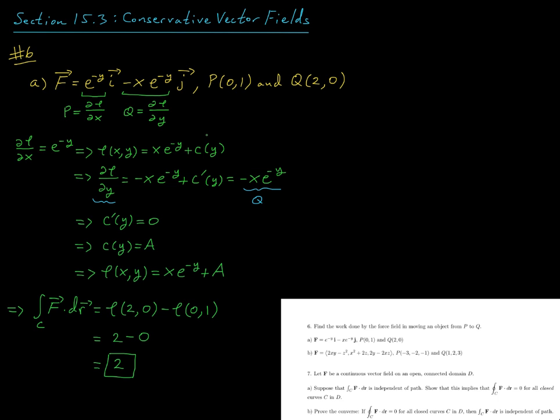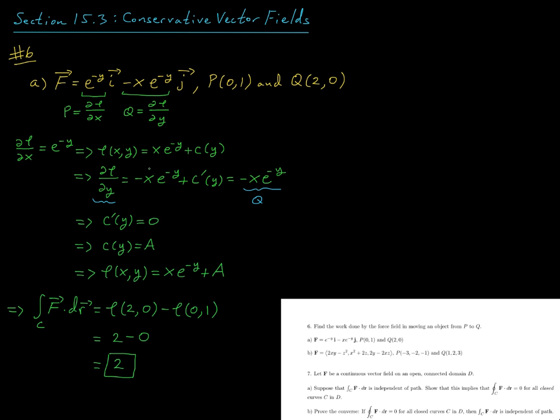Okay, so now our job is to find this function c of y, and to do that, let's go ahead and differentiate this right here with respect to y. So that's going to give us that the y derivative of phi is minus x e to the minus y plus the derivative of c with respect to y. And since the y derivative of phi has to equal Q, and we know that Q is minus x e to the minus y, this expression is equal to minus x e to the minus y.